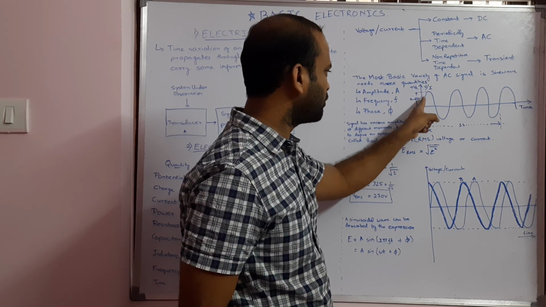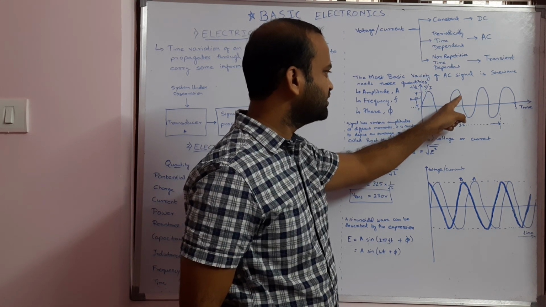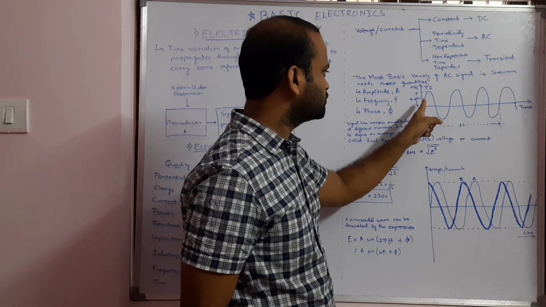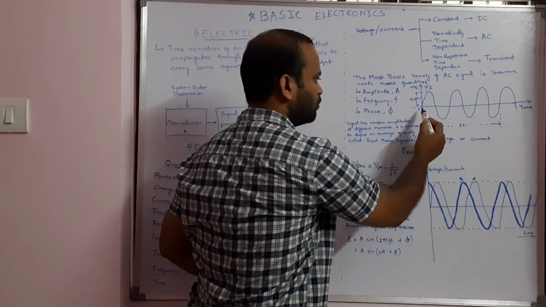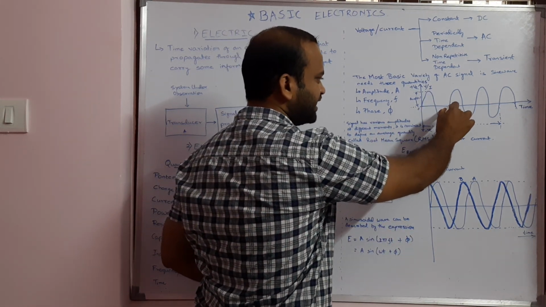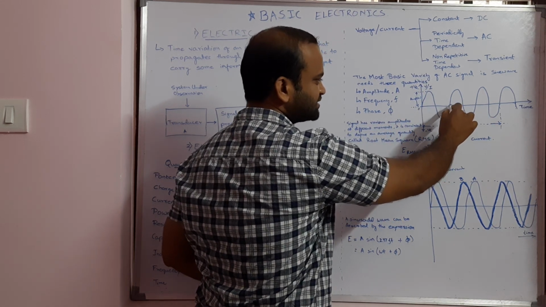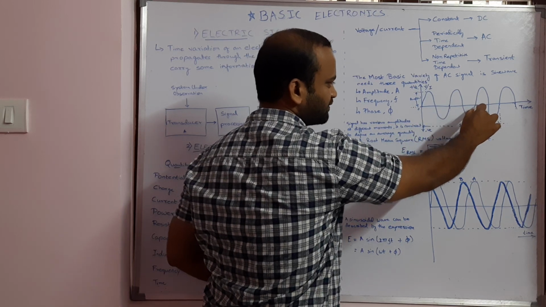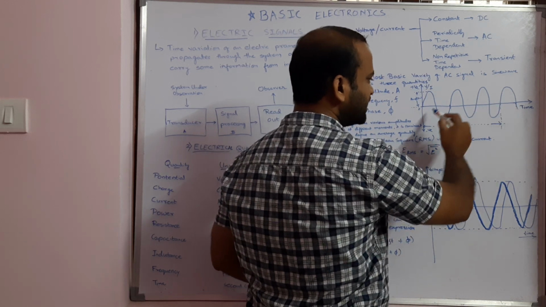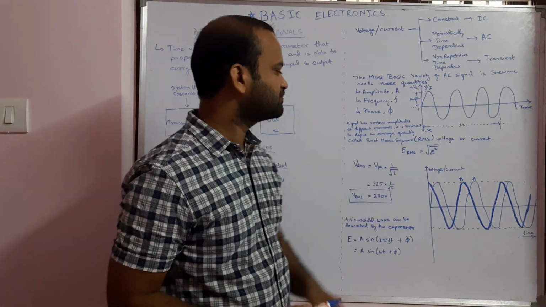From here to here, this is one cycle, and this one cycle is repeating again and again. So this signal continuously repeats itself periodically after the same interval of time.